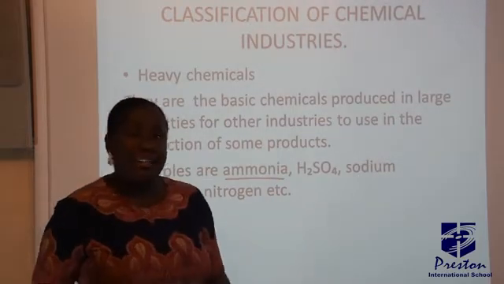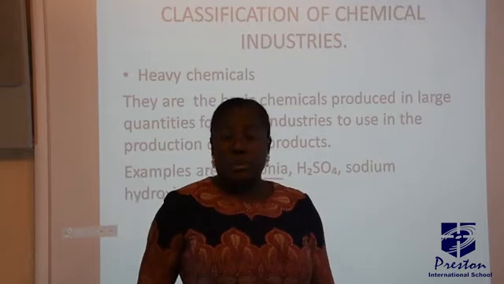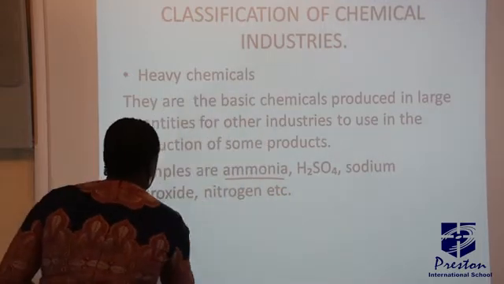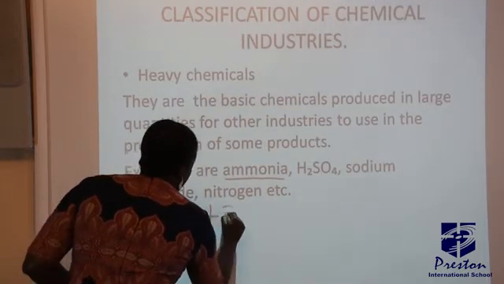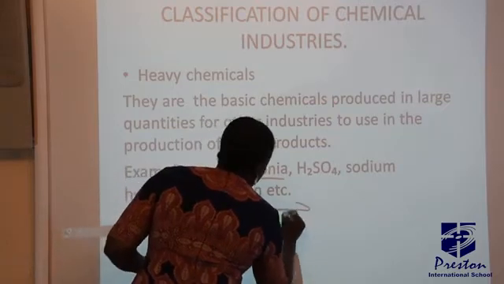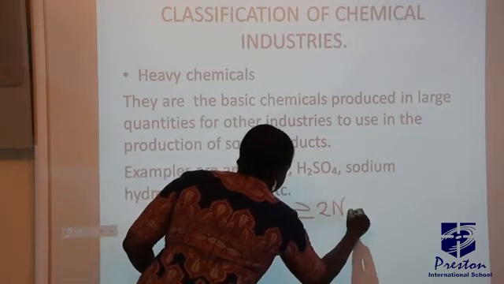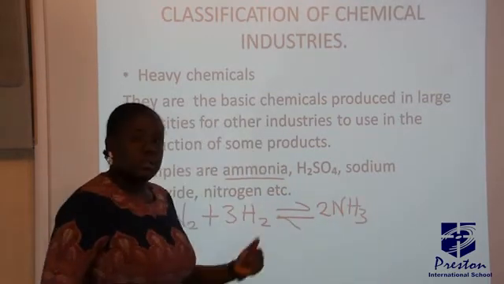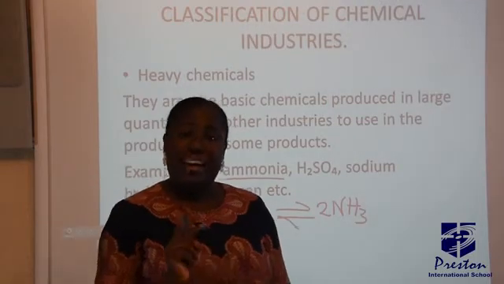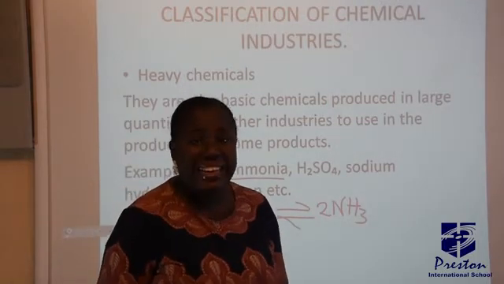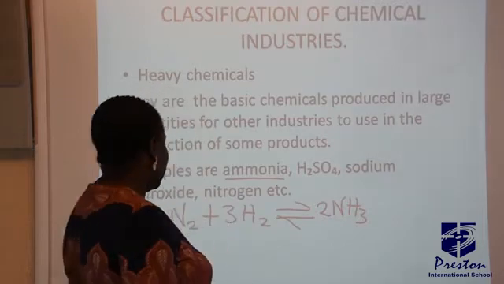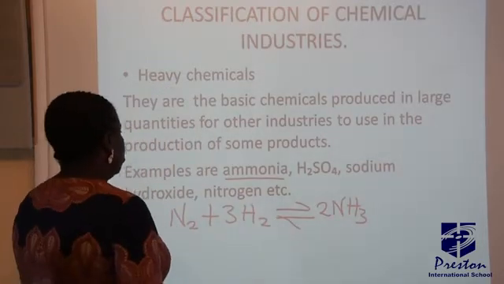Now, you make your ammonia from the Haber process, mixing your nitrogen and your hydrogen, remember, it is a reversible reaction. Using the specified temperature and the pressure, and using your finely divided iron as a catalyst, this is going to give you your ammonia.